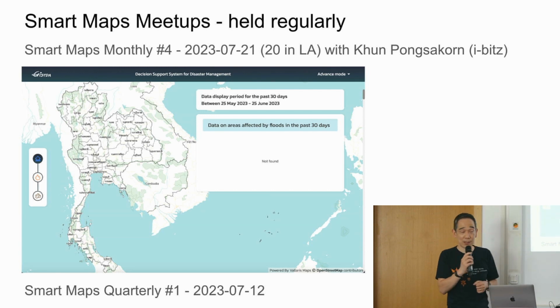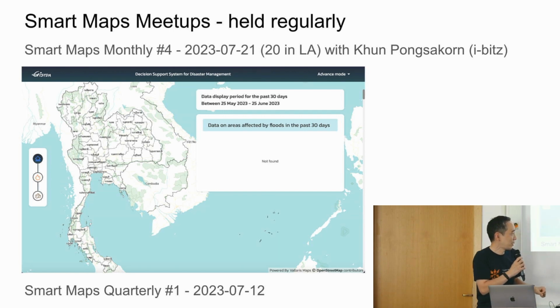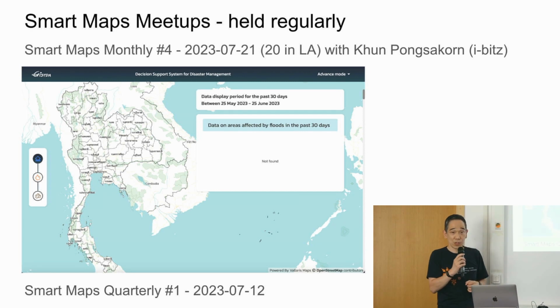He is kind enough to introduce their project with the Thailand Space Agency, and we can share that information so that we have more ideas about how to make use of web map technology for common purposes by sharing technology elements. We are also trying to have the quarterly meeting on the 12th of July, and the difference between the monthly meeting and the quarterly meeting is the time.